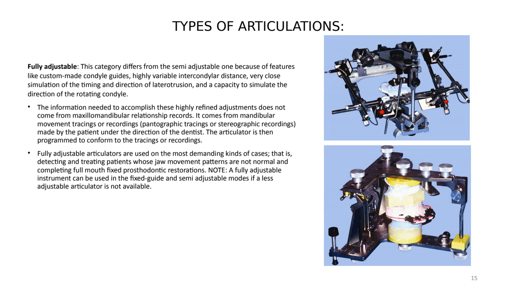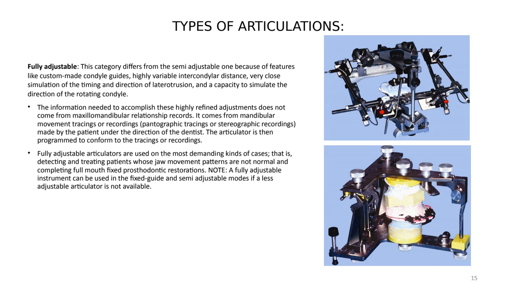So the dentist tells the patient to move the lower jaw in different directions, up and down, back and forth, side to side. Okay. Fully adjustable articulators are used on the most demanding kinds of cases, that is, detecting and treating patients whose jaw movement patterns are not normal, and complete full fixed prosthodontic restoration.